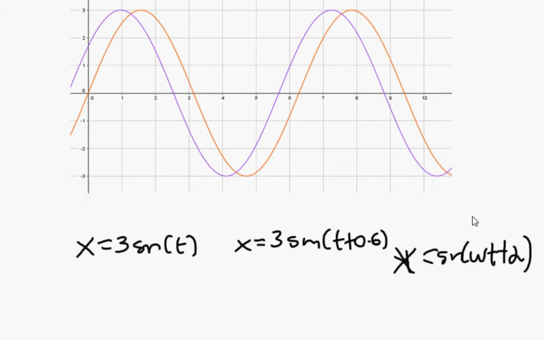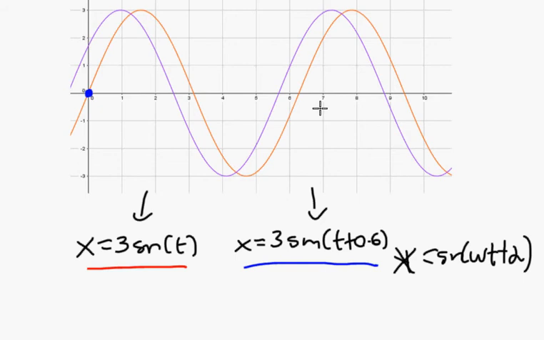Now, what happens next, guys? This is straight from your notes. Which one is which? The orange one is this one here, and the blue one is this one here. Now, in the red one, where do we start?